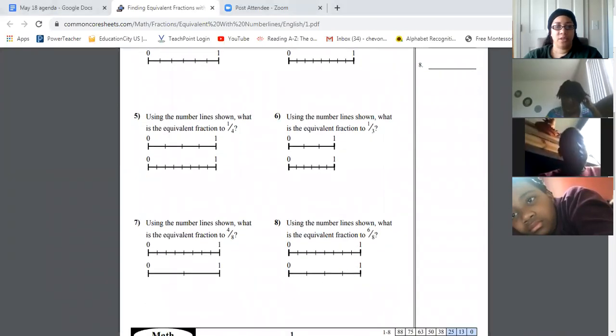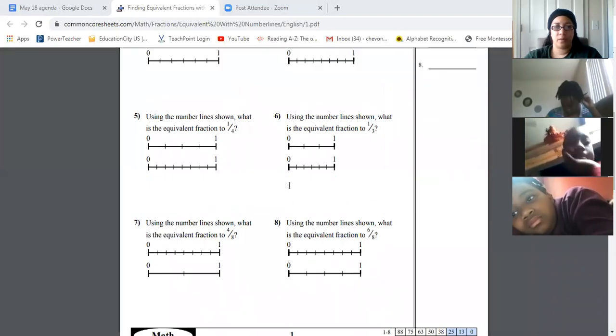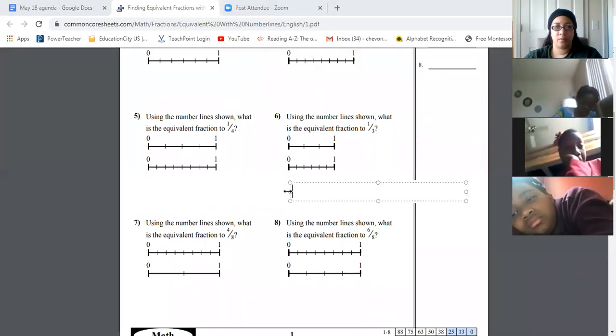All right. So everyone was saying 2/6, I believe. Let me get my annotating back up. Sorry. So 2 out of 6 there. All right.